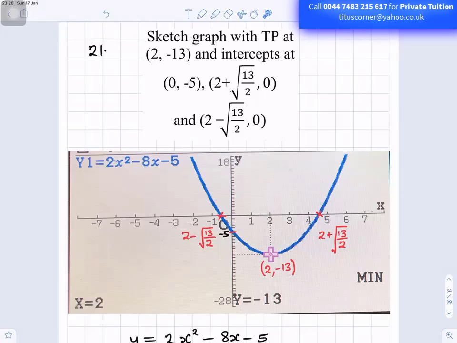It crosses the x-axis at 2 plus root 13 over 2 and 0, and also at 2 minus root 13 over 2 and 0. So it crosses the x-axis at 2 points and the y-axis once. So that's a sketch of the graph, and that's what you will sketch in an exam.